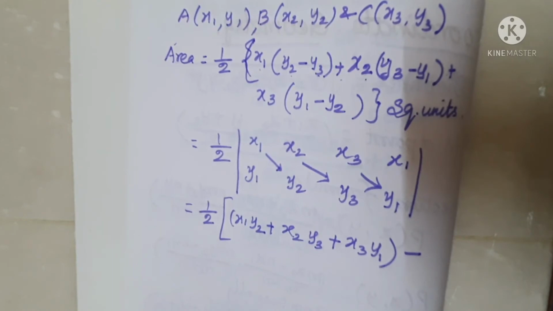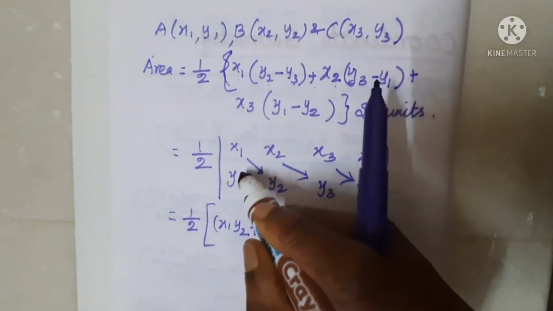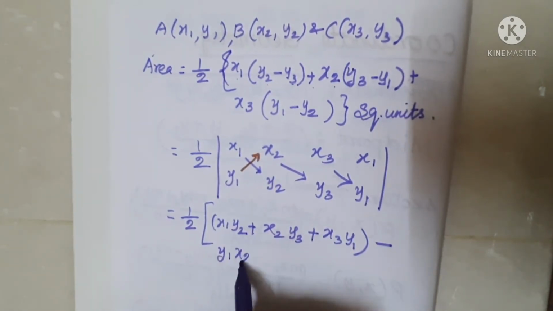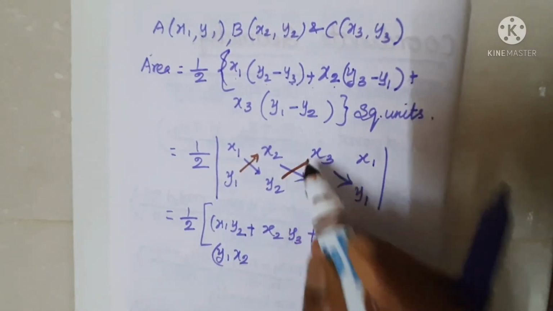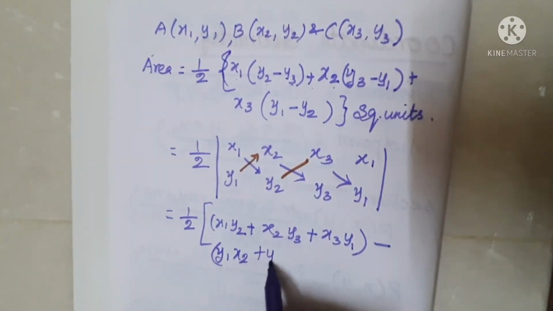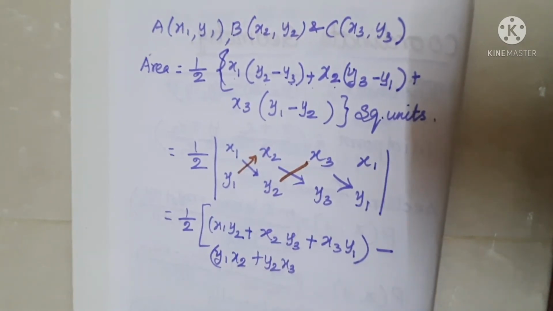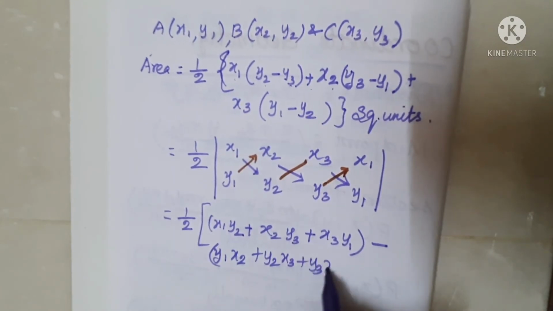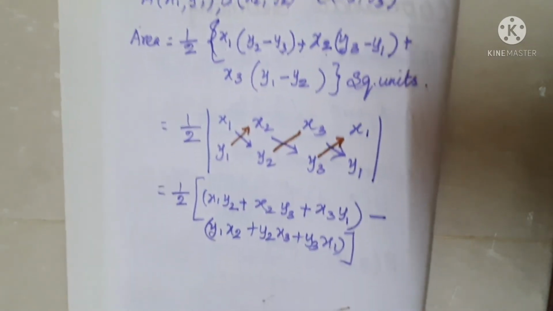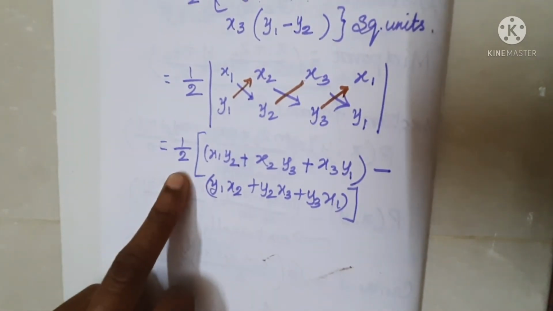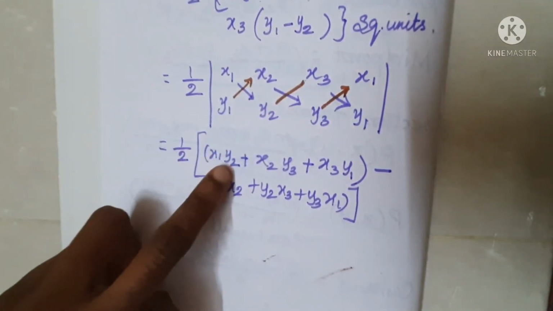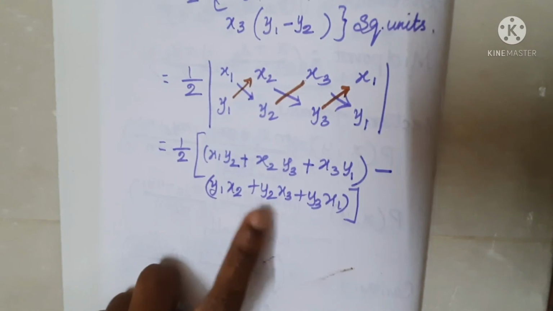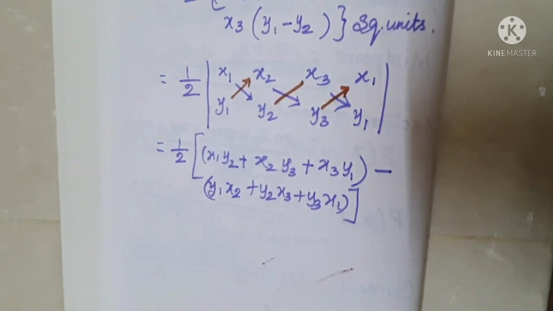Then minus, with the other direction: y1 x2, plus y2 x3, plus y3 x1. So this is the formula to find the area of a triangle: half into (x1 y2 plus x2 y3 plus x3 y1) minus (y1 x2 plus y2 x3 plus y3 x1).